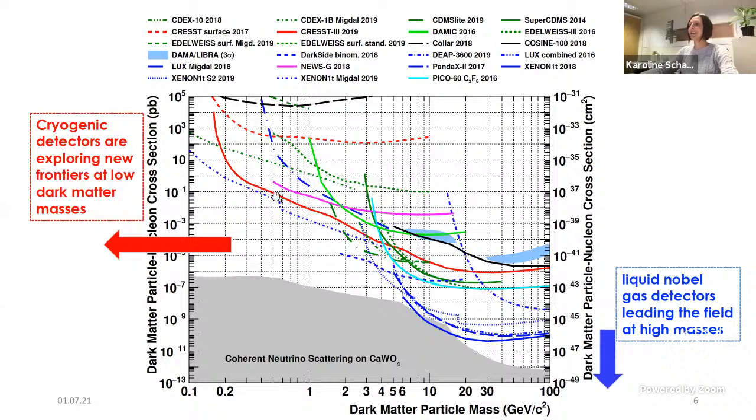And you see, in sensitivity, there are quite some orders of magnitude in between, and we will see this also from all these experiments. They are typically small experiments running a couple of detectors with a couple of kilograms maximum, whereas here you are at the ton scale, which you of course need if you want to go down. But also for the solid state detectors, there is now this vision to arrive at sensitivities such that you can explore down to the neutrino floor.